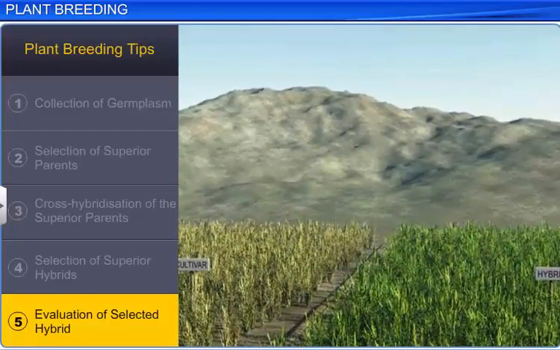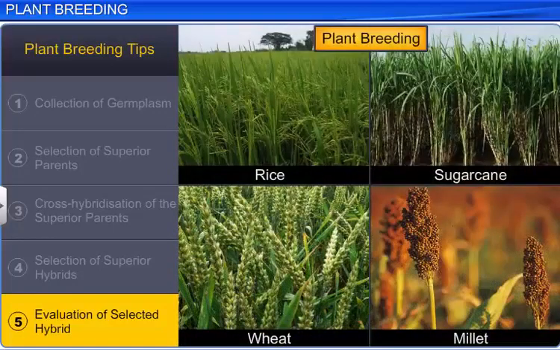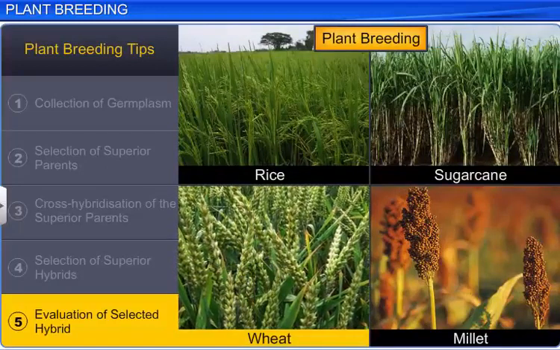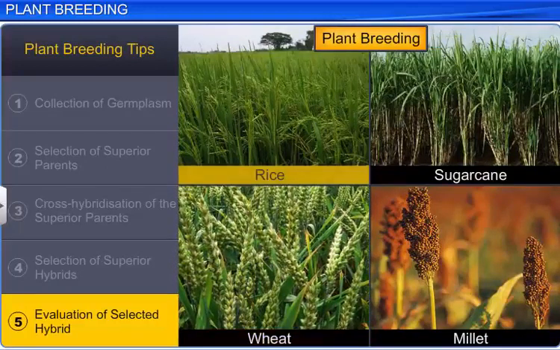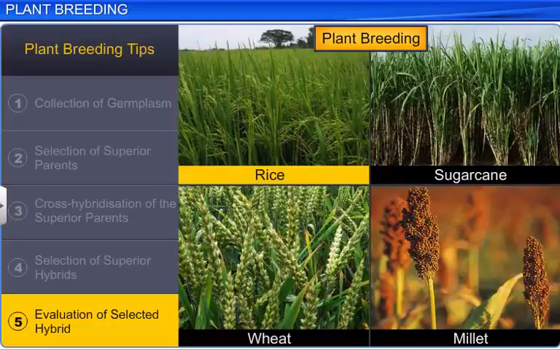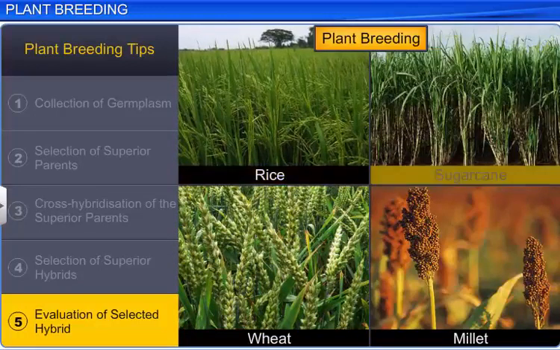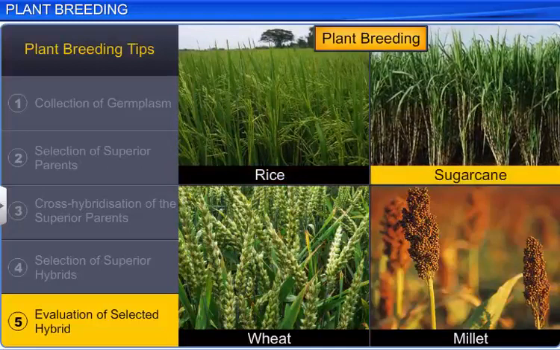In this way, plant breeding has increased the yield of many crops, including wheat, rice, sugarcane, and millet.